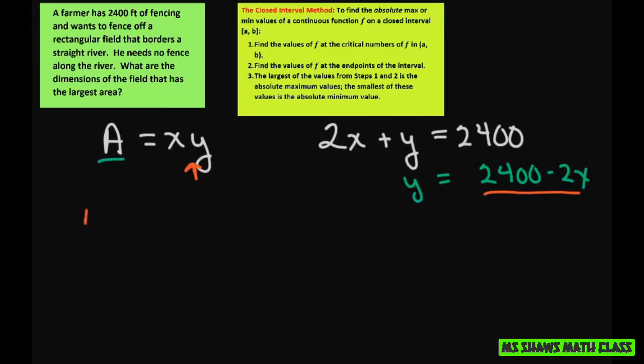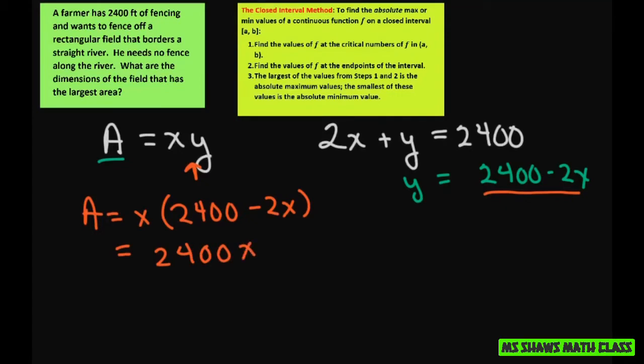So now we have area equals x times our y, which is 2,400 minus 2x. And that's going to give us equal 2,400x minus 2x squared. Now, our area has to be positive.